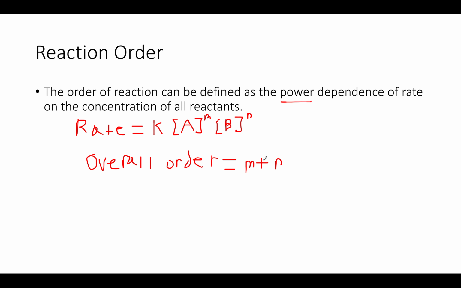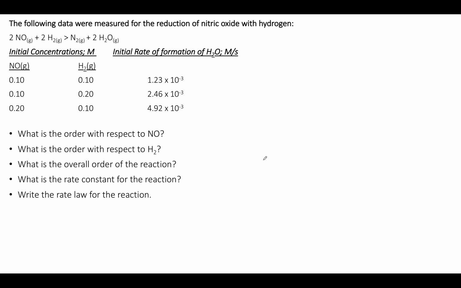If you're given a data table for a reaction and you want to determine the order, the rate law, and the rate constant of that reaction, you just have to manipulate the data points to find the order and then work backwards. So I'll show you how to do that here. Here I'm giving you the formation of nitrogen gas and gaseous water by reducing nitric oxide with hydrogen.